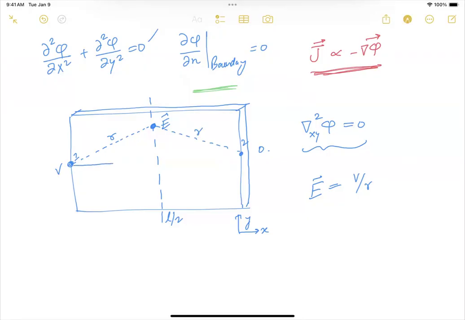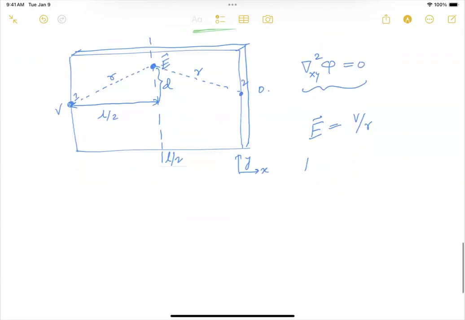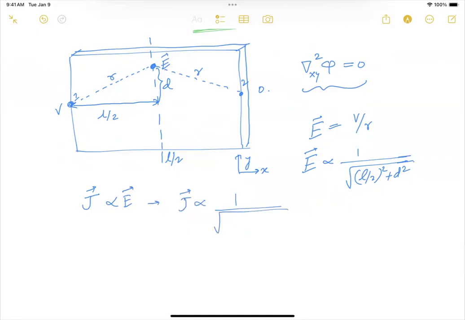And so if, say, now this is L over 2 and this is the vertical height, which is some D, therefore the electric field E is basically going to be inversely proportional to the square root of (L over 2) square plus D square. And therefore the current density, which is obviously proportional to the electric field, is going to be proportional to 1 over the square root of (L over 2) square plus D square.